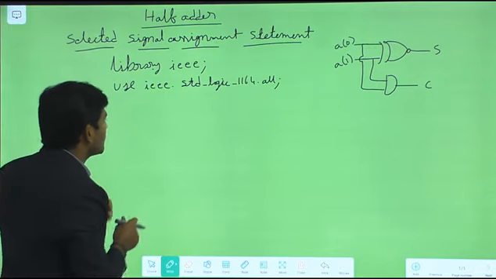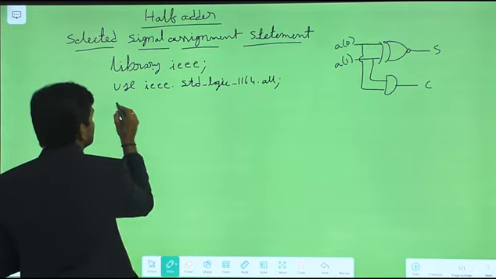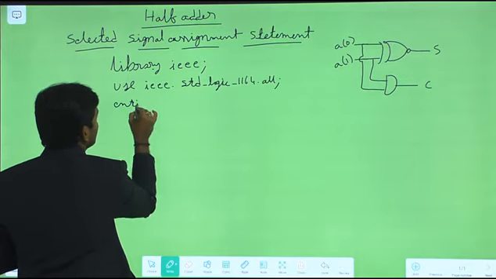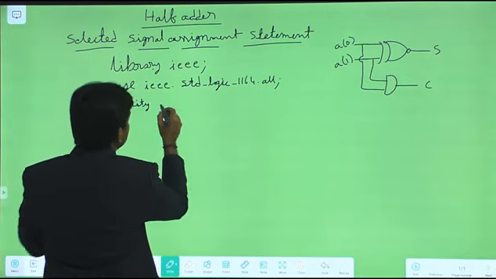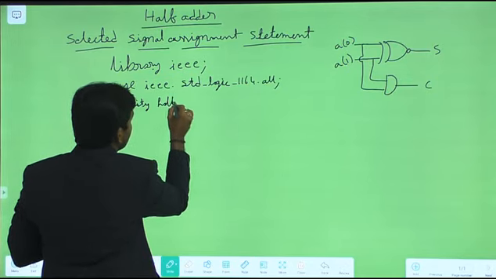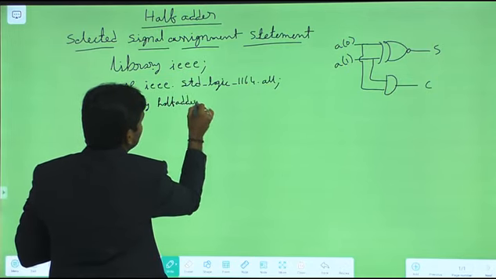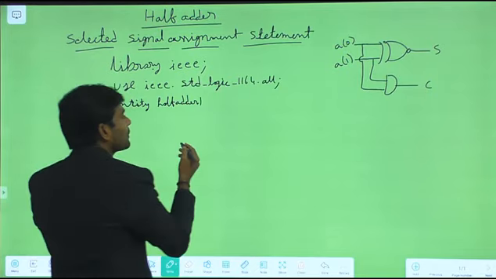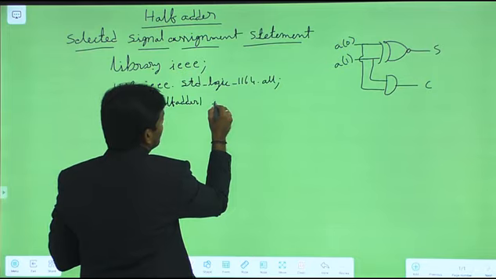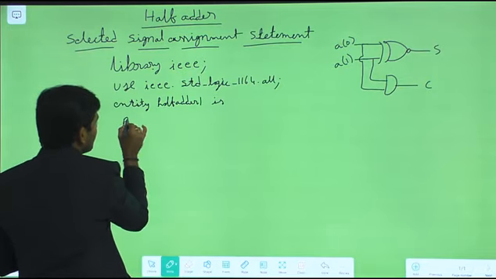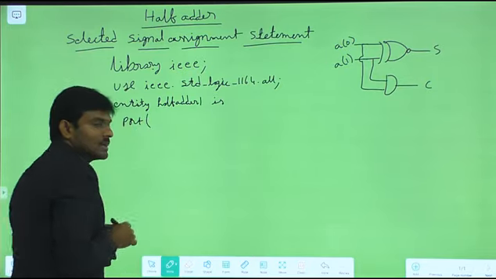Then after that, the entity declaration part starts with the keyword entity, followed by the entity name. Because this is a half adder, as a common practice I mentioned it as half adder 1. Then we are supposed to mention the ports, inputs and outputs.